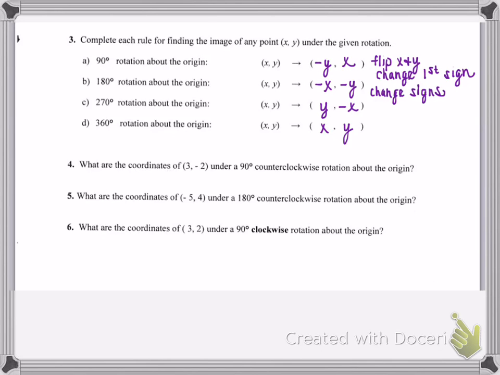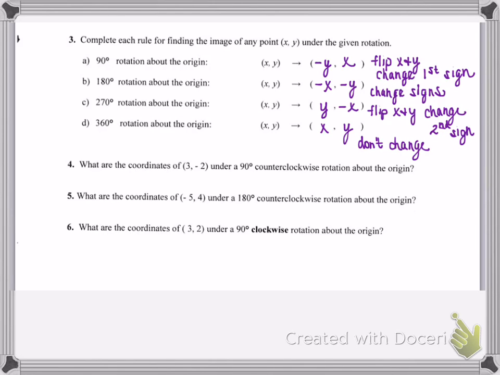For 270, we are flipping x and y and changing the second sign. And we don't change for 360.